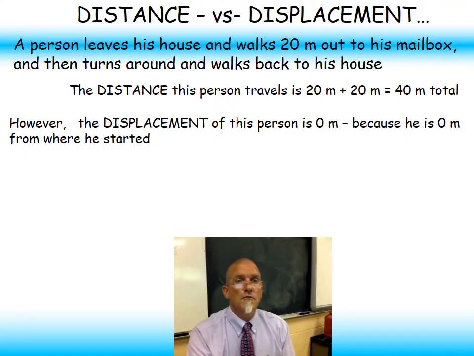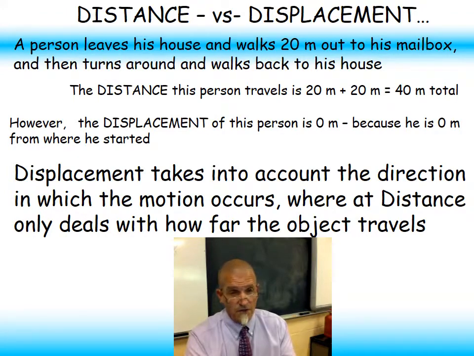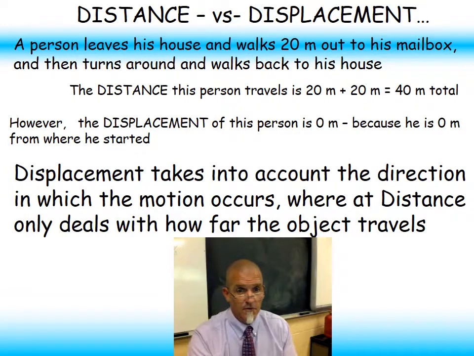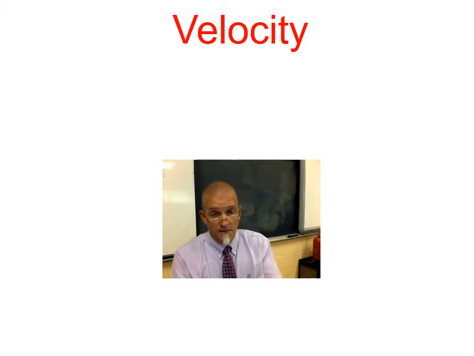So what's the difference, or when are they different? Well, displacement takes into account the direction in which the motion occurs, where the distance only deals with how far the object travels.